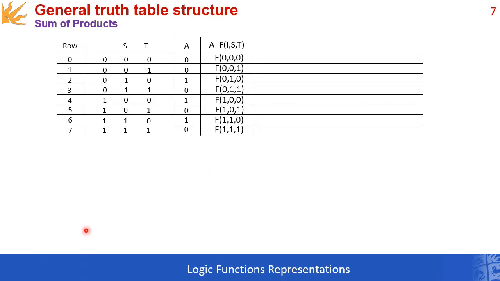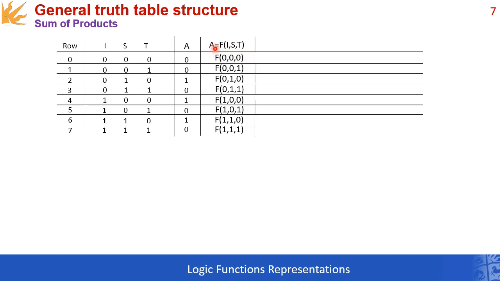Now, let us see how you can generate a general truth table structure. To do so, we're going to use again the same example and the truth table that you've seen so far from the previous step. We're going to take this truth table and we're going to add a few extra columns. The first column is representing the alarm as a function.